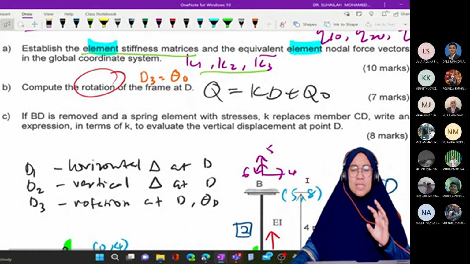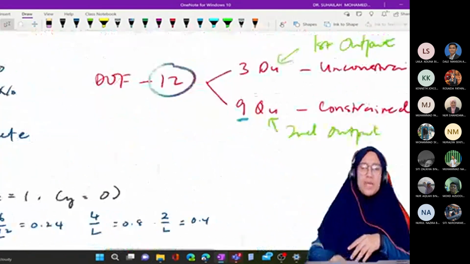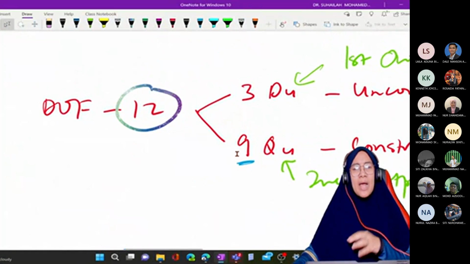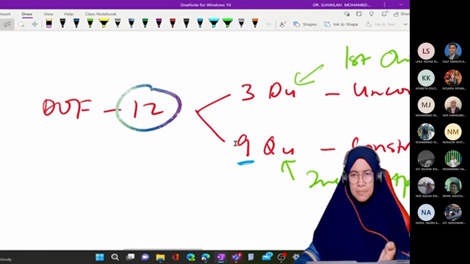That is why at the beginning of the analysis we do this step: we identify how many degrees of freedom belong to the constrained system and how many belong to the unconstrained system.